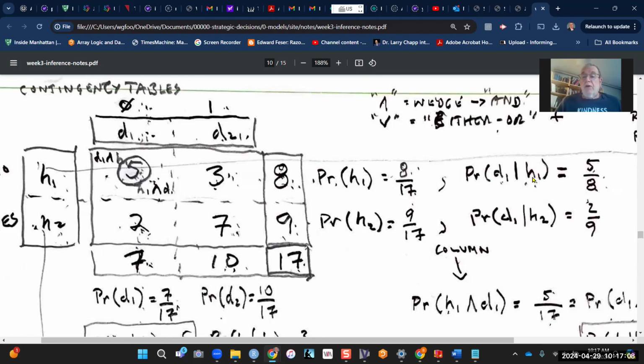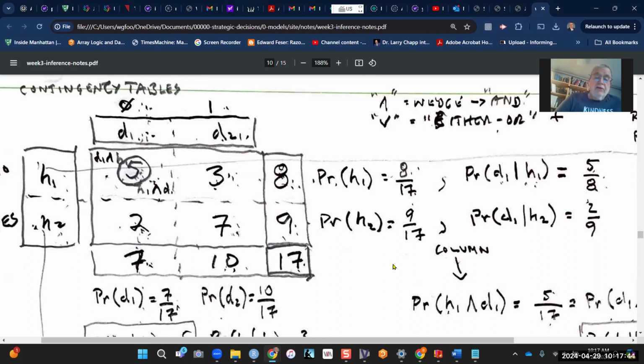That's where we're going with this. And here we have, it's the same thing, 2 out of 9, 9/17. So these are, again, the probabilities of the hypothesis occurring at all. Each hypothesis occurs across the data. We can parse out what the probability of D1 is given if H2 is true, 2 out of 9.